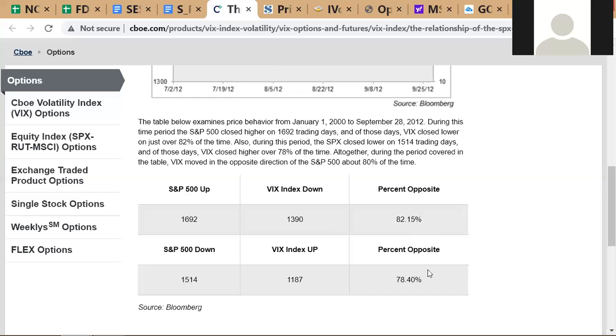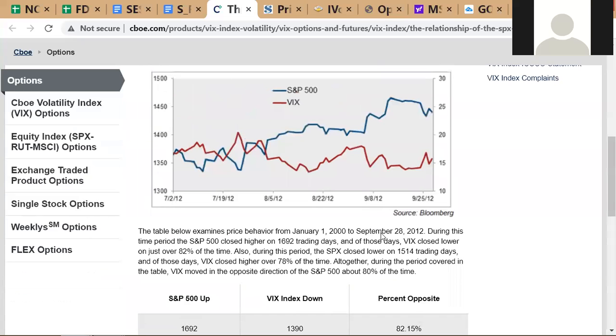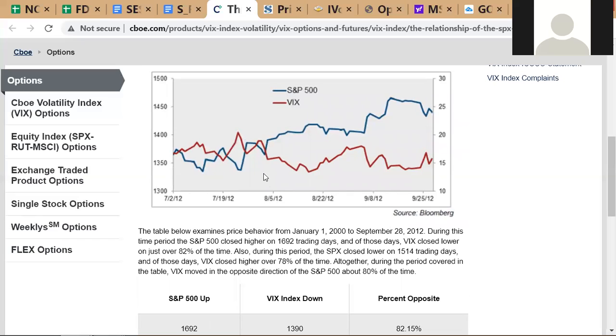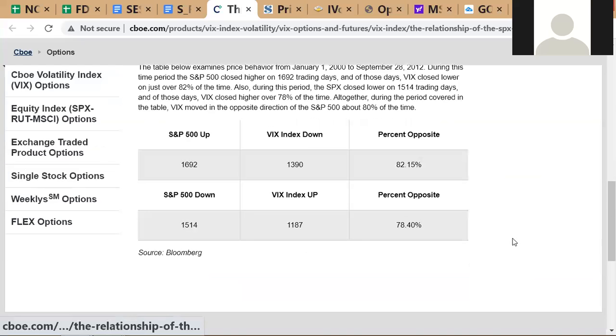These kind of numbers that they have generated here are only good for the historical data set that you have here. If you take a different data set, at any point of time in the future or even in the past, you could well end up with a different set of numbers, okay?